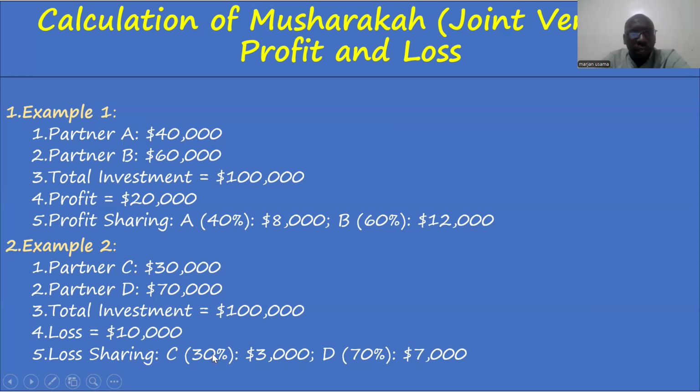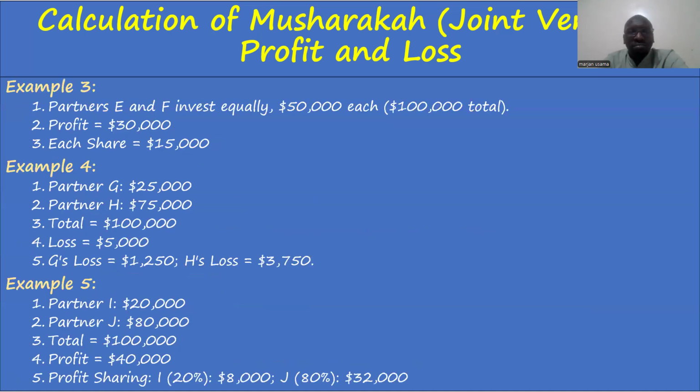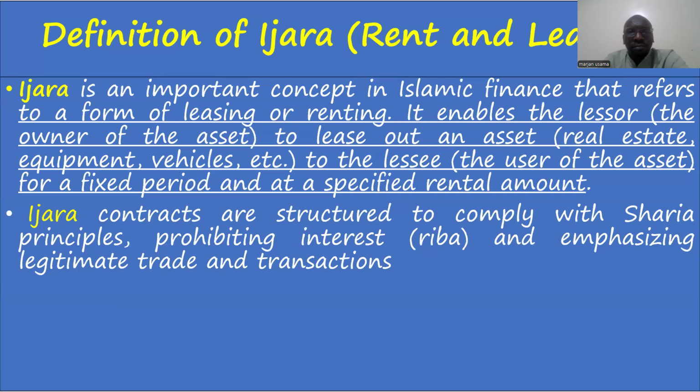So loss sharing will be 30% of 10,000, which is 3,000, and 70% of 10,000, which is 7,000. So it's as easy as that. So that is how you calculate musharaka. And these are just the same examples. Now we also have the element of ijara.